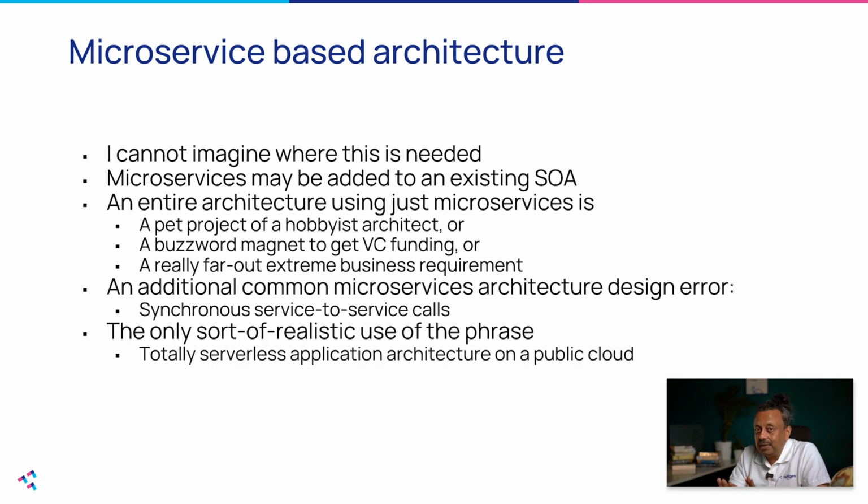The only situation where I can imagine you might land up with an architecture which you can claim is completely microservices based end to end is a serverless architecture where you are using serverless computing like AWS Lambda. Even there, if you are not using separate databases for each microservice, it is not a microservice architecture. If you have 100 AWS Lambda components, but they are all hitting a shared database, then it's not microservices.